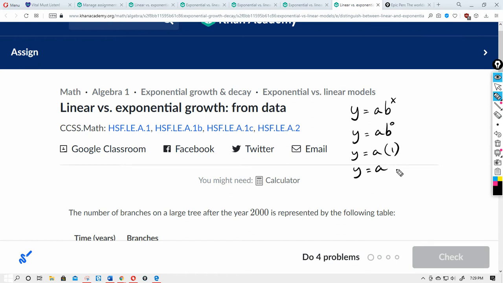So the letter a is considered your initial value. Okay, just keep that in mind. But this is going to be the basic equation for the exponential function.